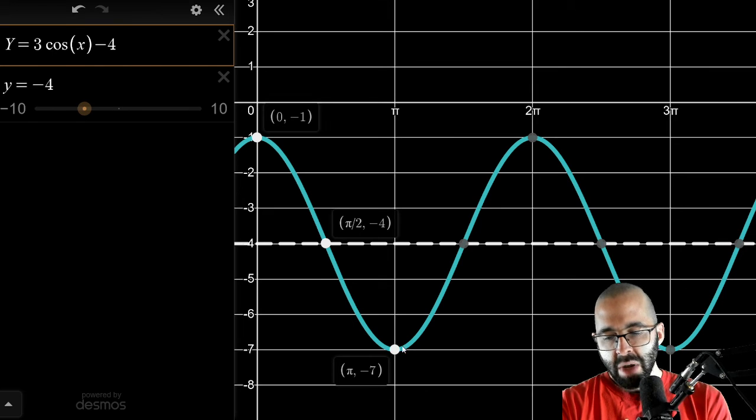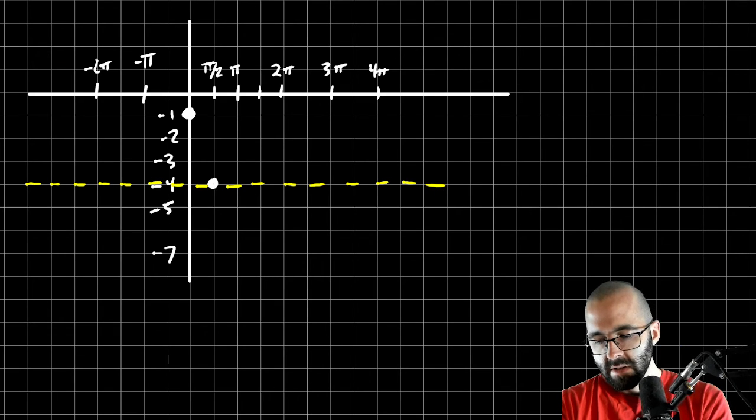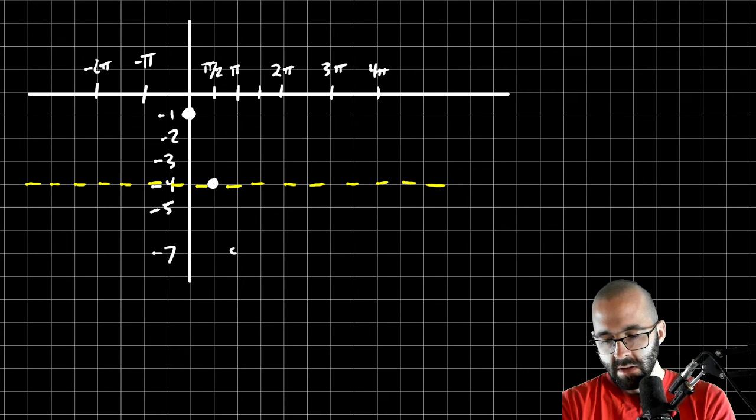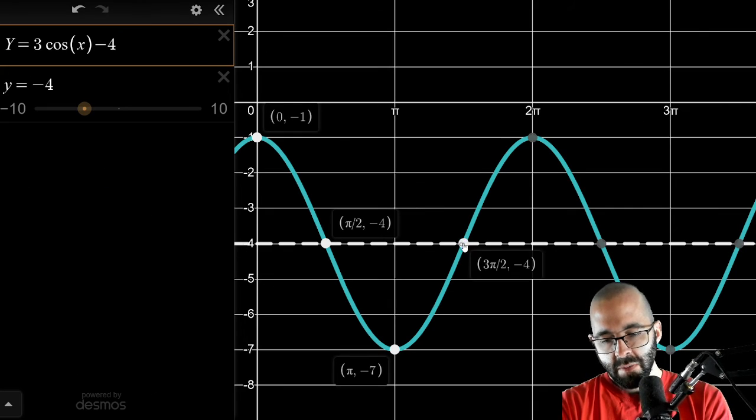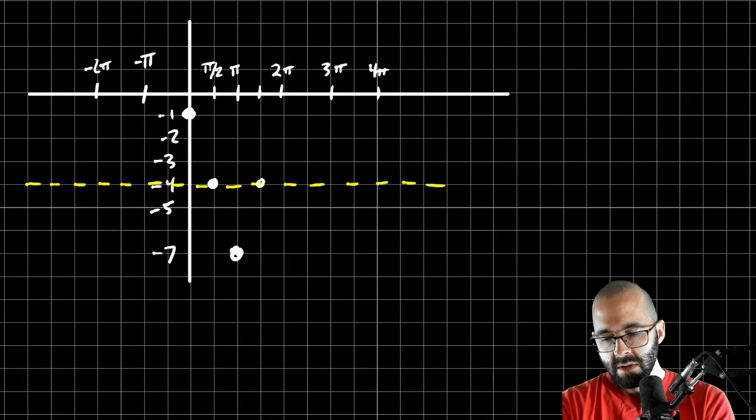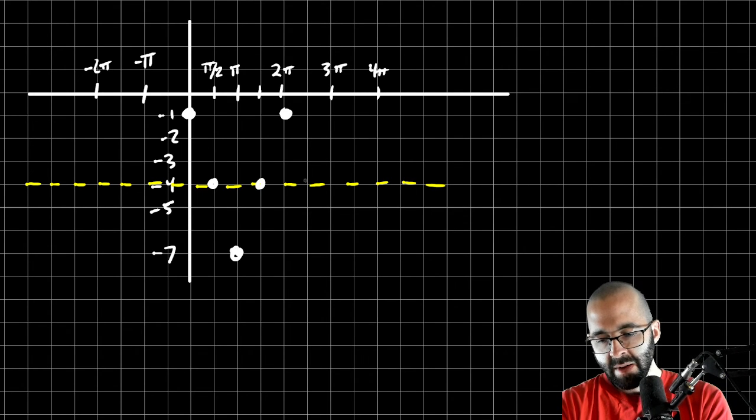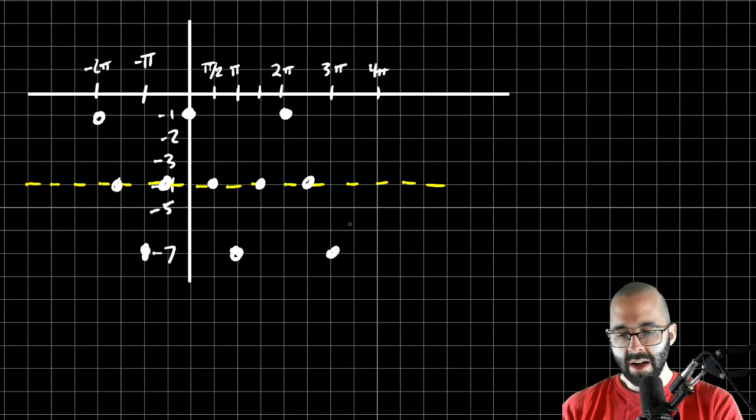Get to the minimum at pi, -7. Whoa, wrong color. And then get back to the midline at 3 pi over 2. And then back to the maximum, midline, minimum, etc. We can just continue on with this pattern to sketch our graph.